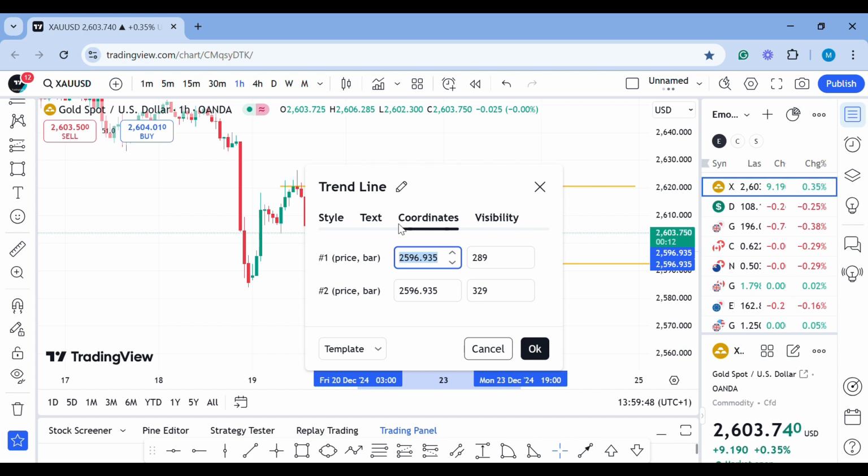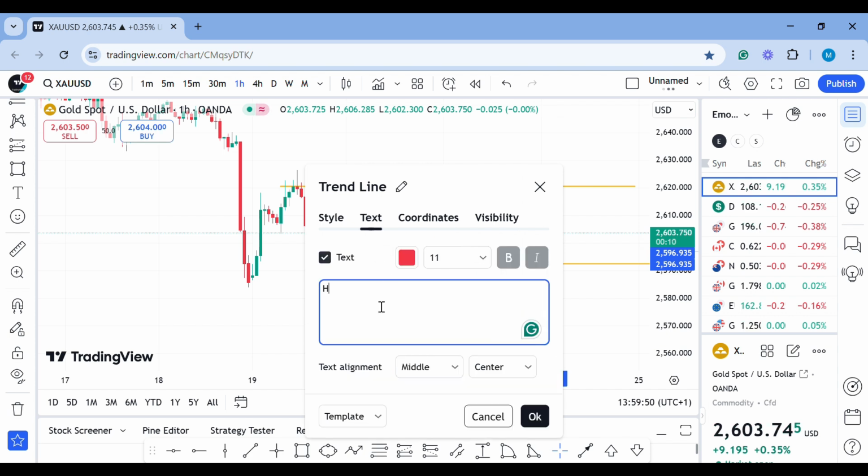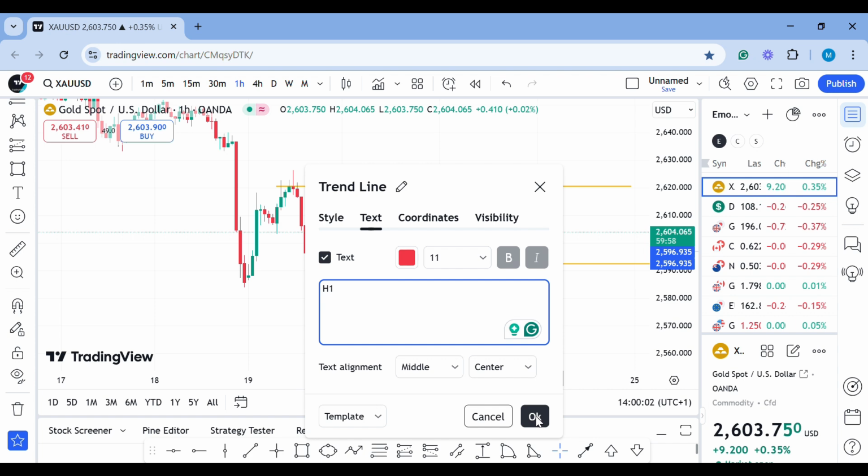Then double tap, change the text. You should make sure you label it, because whenever you take a trade from the 1 hour time frame, your target should be what? On the 1 hour time frame. If you take a trade from the 4 hours time frame, your target should be what? The next 4 hours zone.